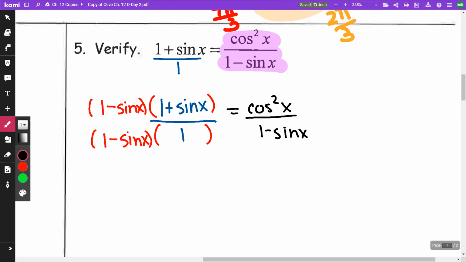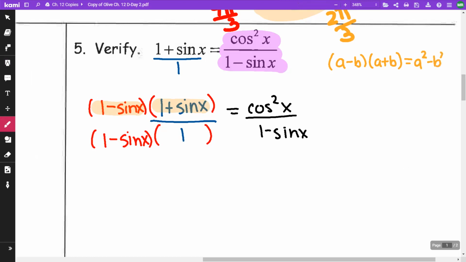So what I'm going to do is take 1 minus sine x times 1 plus sine x. You can work that out using a box, but I'm just going to jot it down over here. This is really the same as a minus b times a plus b, which is a difference of 2 squares. I am going to get an a squared minus b squared.